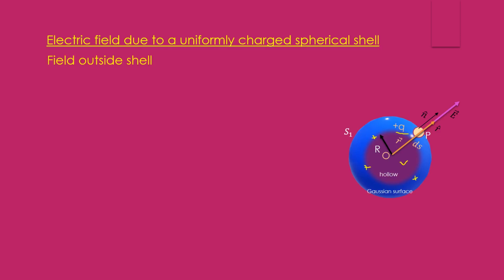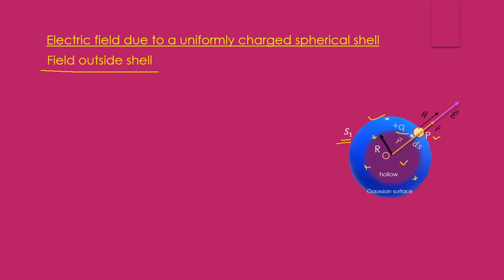So we will consider a point P outside the shell, and we will choose a Gaussian surface S1 which is passing through this point. Then consider a small area element on this Gaussian surface whose area is ds.